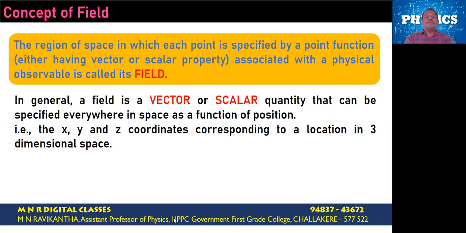In general, a field is either a vector field or a scalar field, corresponding to a vector quantity or scalar quantity, which is specified everywhere in space as a function of position, that is, in terms of Cartesian coordinates x, y, z corresponding to three-dimensional space.